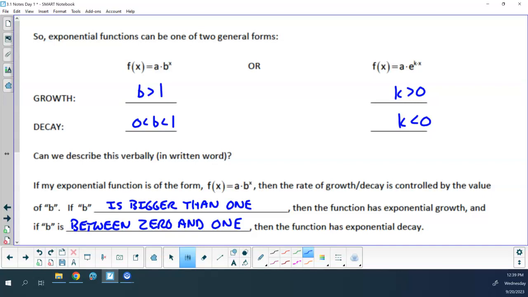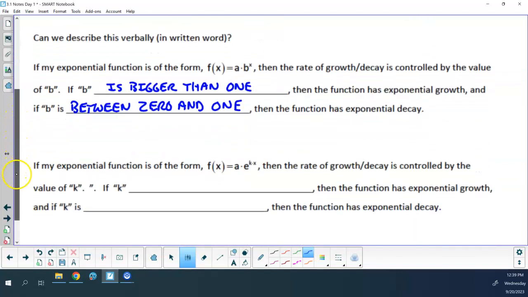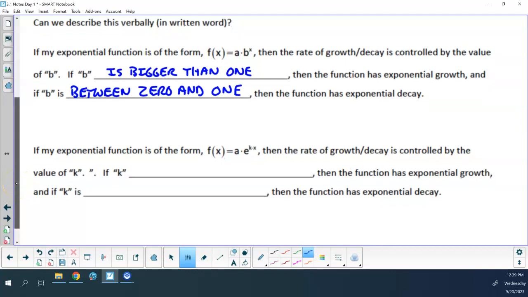And we're just literally saying the exact same thing once again in word form this time. If k is positive, it's a growth. If k is negative, it's a decay. Simpler, cleaner, nicer. The higher you get in mathematics, the more things will be based off of E because it's nicer.